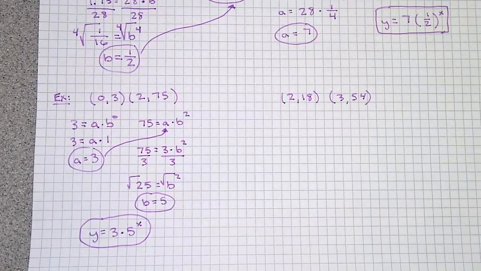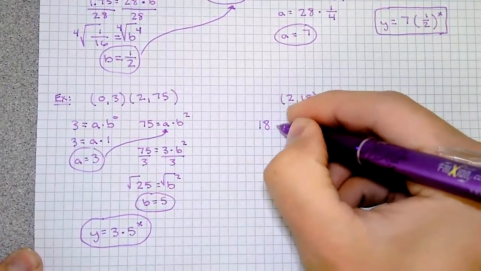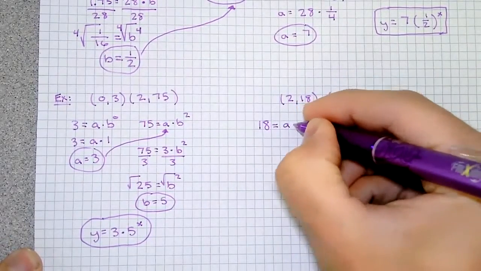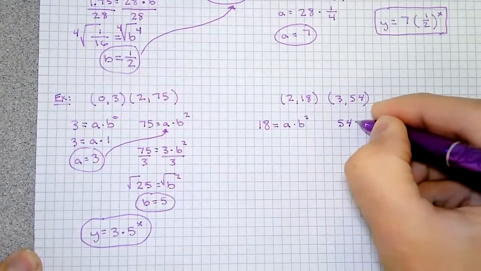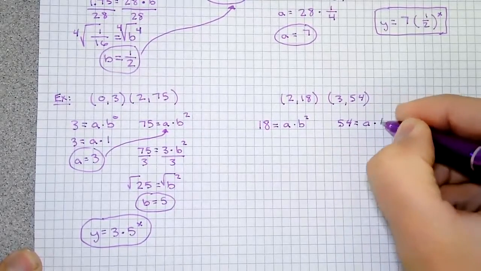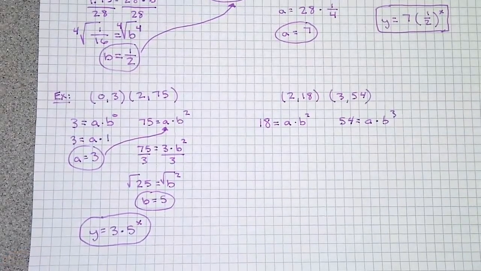A little more complicated on the second one because we're not given our y-intercept. So if we plug in both of these points, we get 18 equals a times b squared, and we get 54 equals a times b cubed.